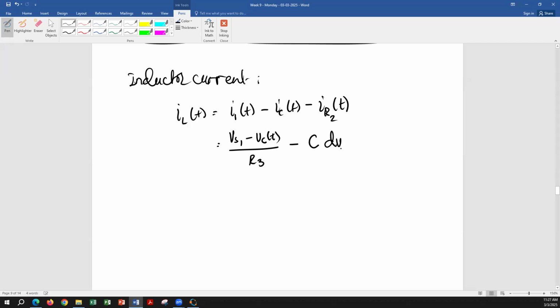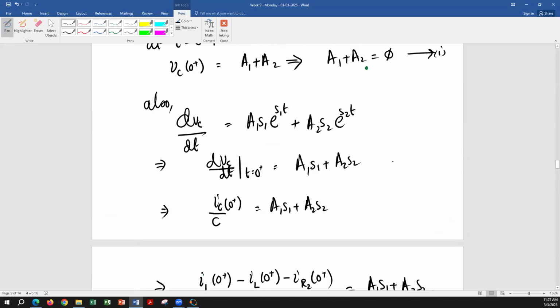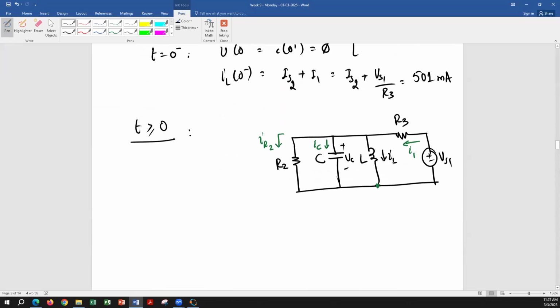C dVc over dt. And what about IR2? How are we going to calculate IR2? You don't have the circuit with you? IR2 is Vc over R2.